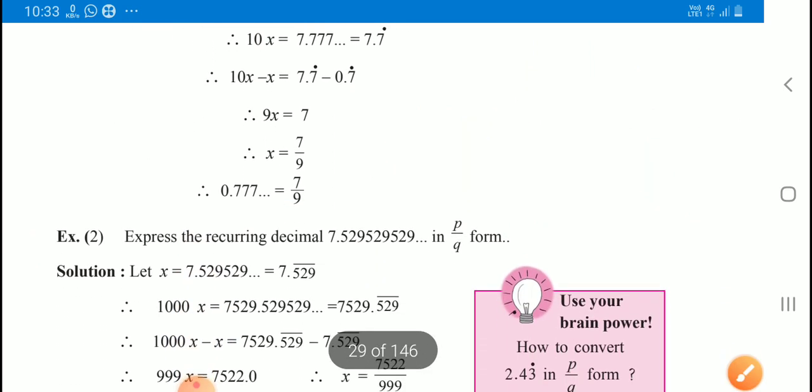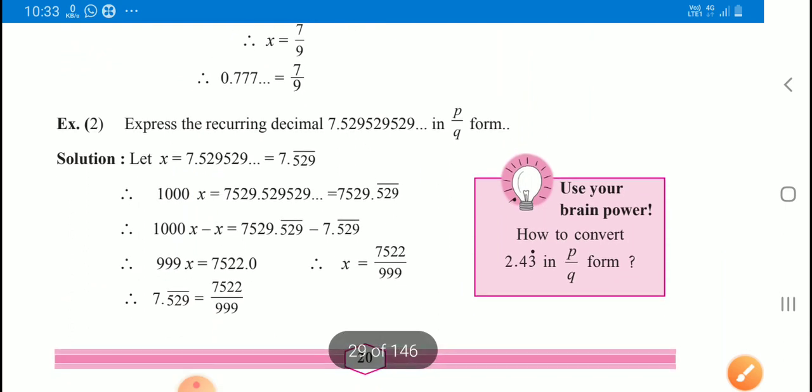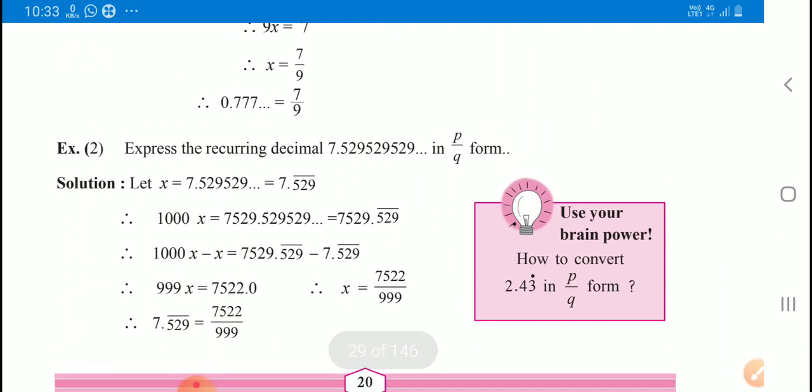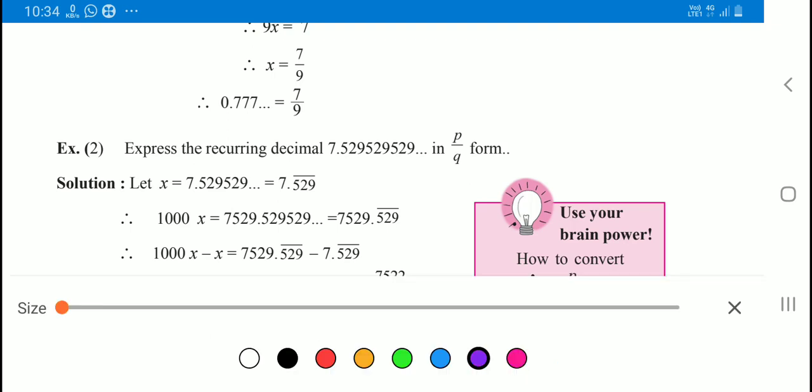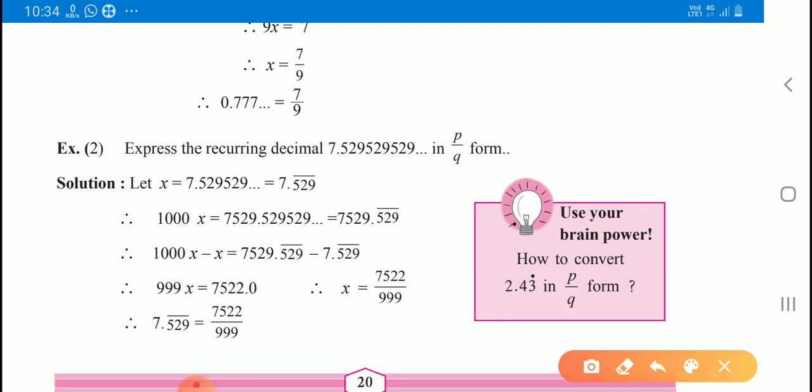Now we will see the next example. Express the recurring decimal 7.529 and so on in P upon Q form. Again the same thing we have to do. Now here x is equal to 7.529 and so on. Which group is repeated here? If you see, the group 529 is repeated.